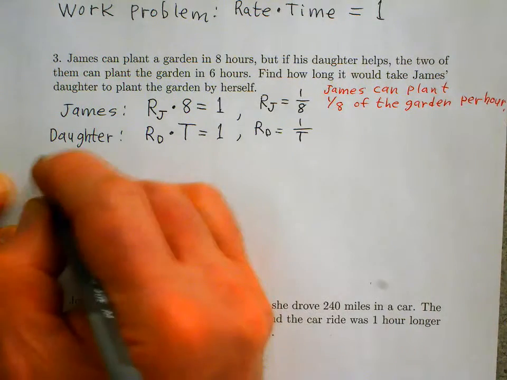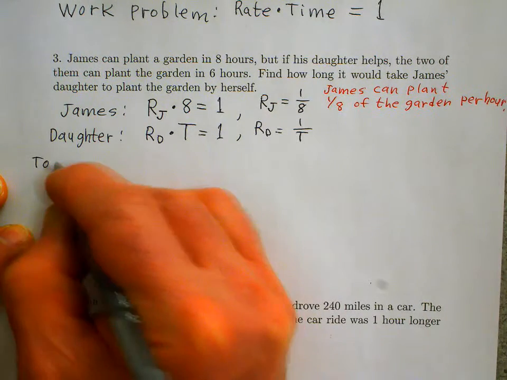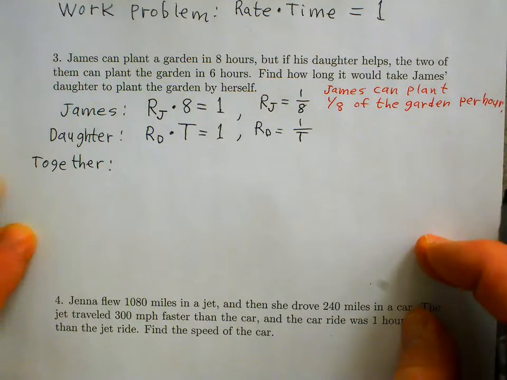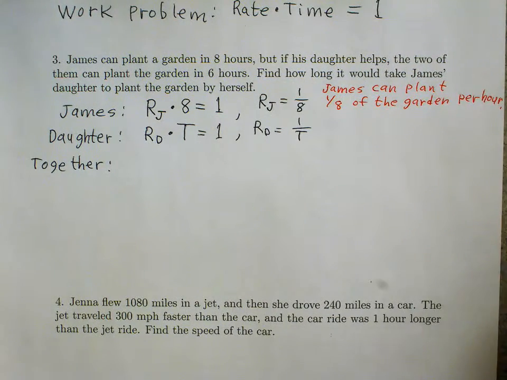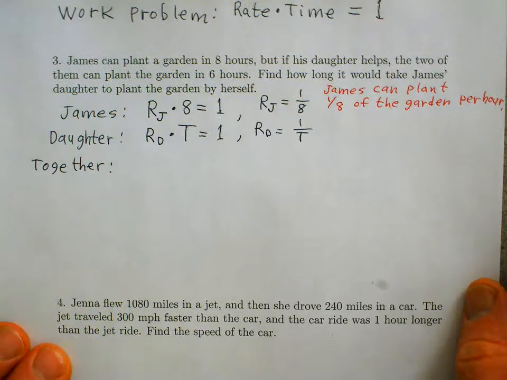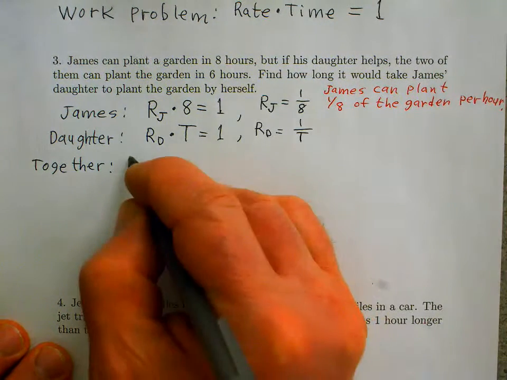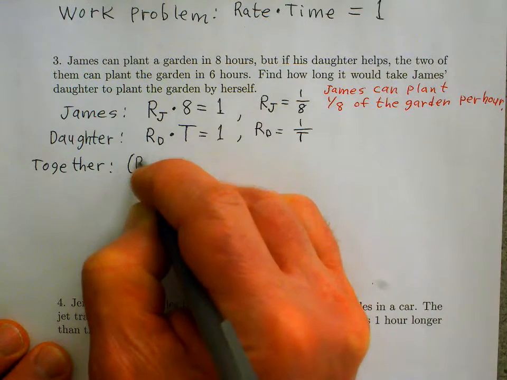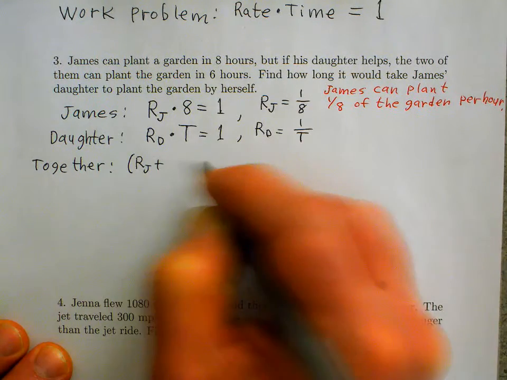If they work together, we're told how long it takes them. When they work together, the overall rate is James's rate plus the daughter's rate.